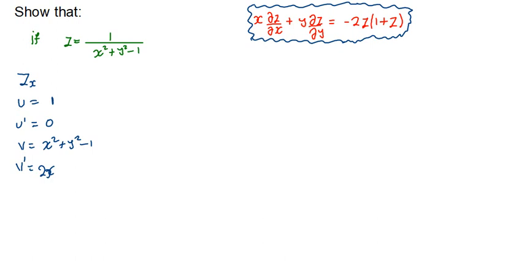Okay, so now let's try to find the partial derivative of z with respect to y. In this case, we say our u is equal to 1, meaning our u prime is equal to 0.